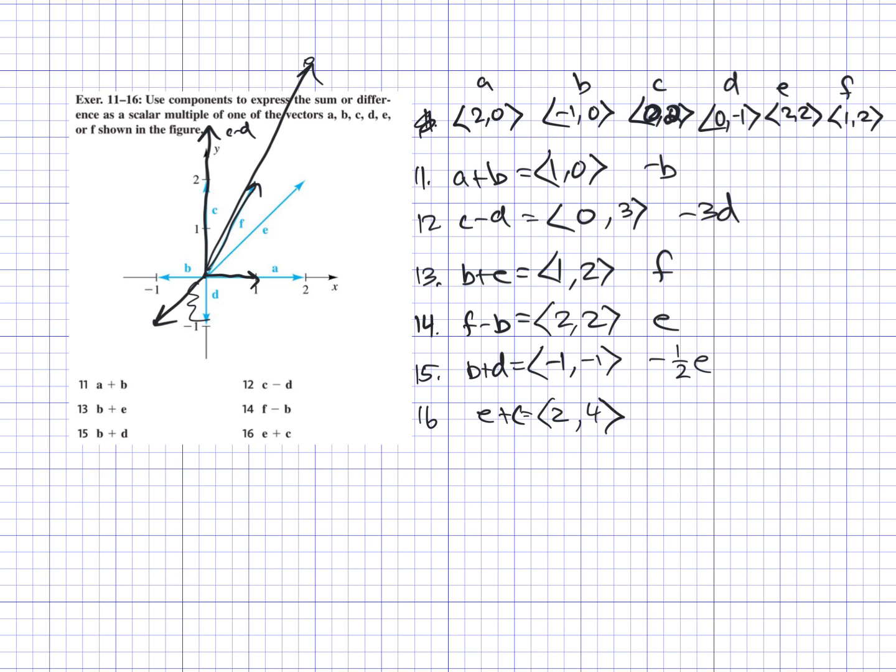Yeah, it is on that one. So it's the same. Up 4 and over 2 is 2 over 1, which is the same thing as what F is. F is up 2 and over 1. So it's double what F is. So 2F in the same direction. All right, moving on to our next set of problems.